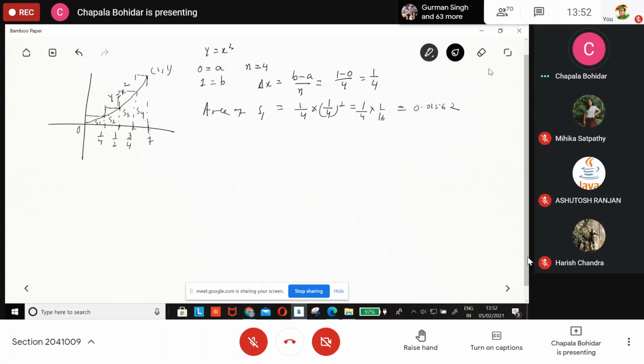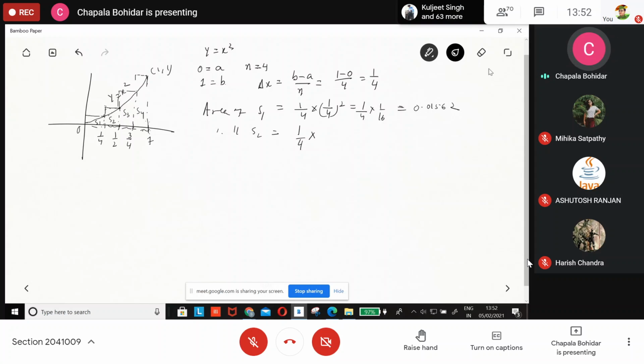0.0156. Okay. Then the area of this rectangle S2, this strip. What do you write down? 1 by 4 into 1 by 2 square, since the width is 1 by 4. Always, all of them have width 1 by 4, you see.